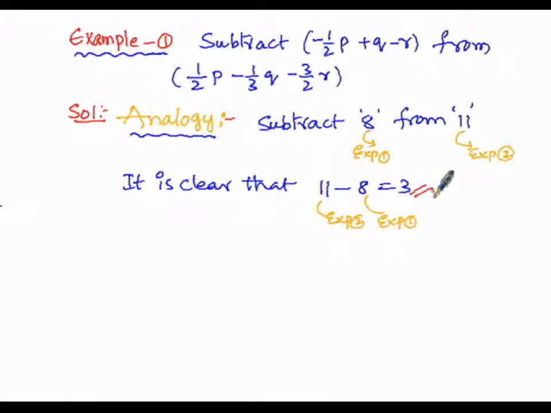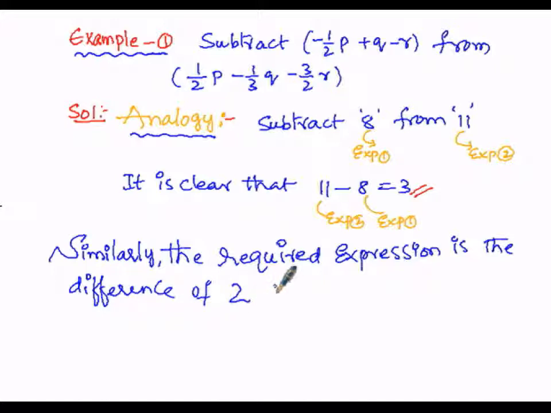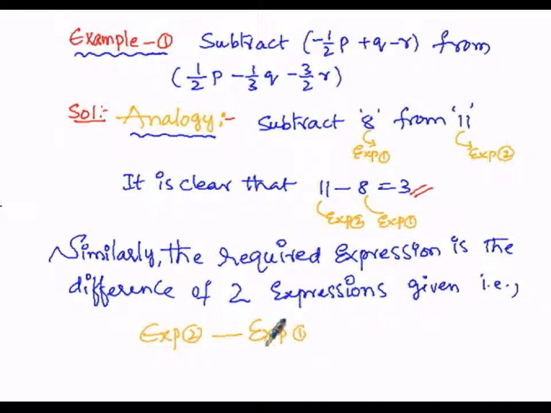3. So similarly in our problem, the required expression is the difference of the two expressions which are given, that is expression number 2 minus expression number 1 gives us the resultant expression.